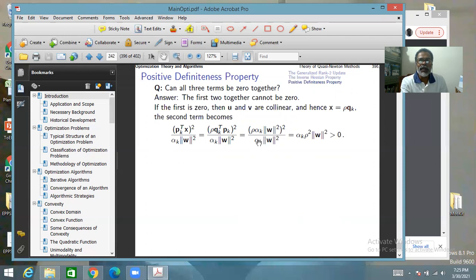One alpha k goes off, one |w|² goes off, rho squared remains here, one alpha k remains here, one |w|² remains here, and this is positive because rho is non-zero, because x is non-zero. Alpha k is positive and |w|² is positive. So this whole thing is positive. So you are assured that the first two together cannot be 0. If the first one is 0, the second one is certainly positive.